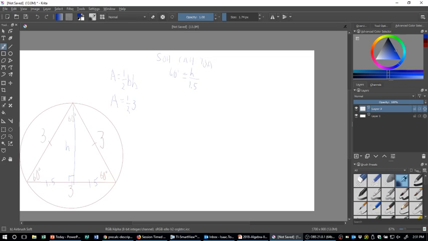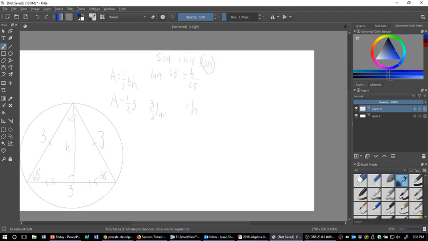From this angle, I want opposite over adjacent, and only tangent allows me to achieve that. Tangent of 60 equals h over 1.5.